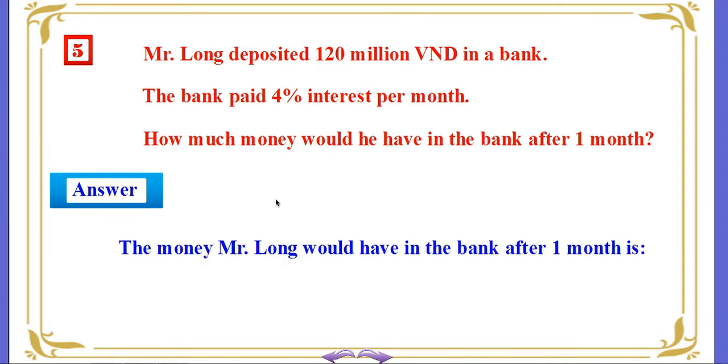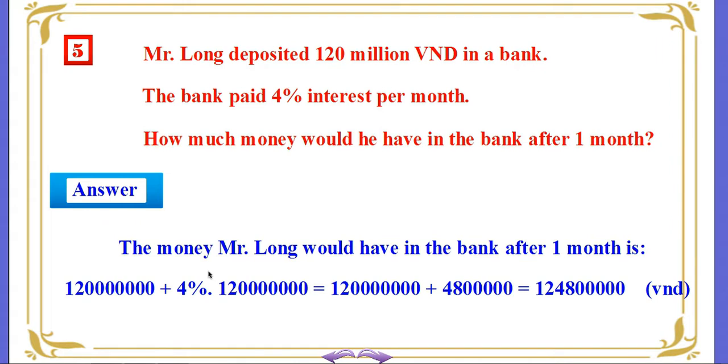The deposit amount was 120 million Vietnam dong. The interest is calculated by multiplying the interest rate and the amount of the deposit.